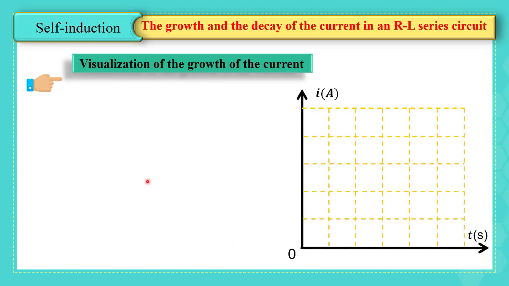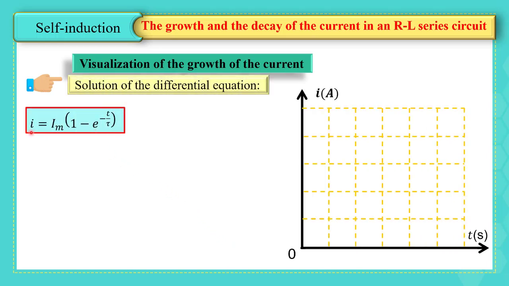The solution of this differential equation has the form i equals I maximum times (1 minus exponential of minus t over tau), where I maximum equals E over R total and tau equals L over R. Tau is called the time constant, and it represents the time needed by the current to reach 63% of its maximum value.